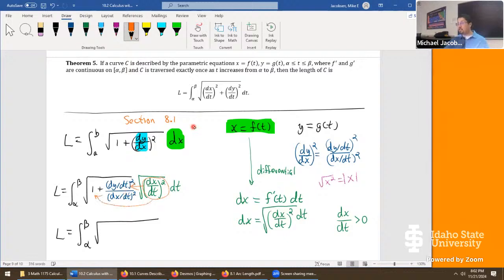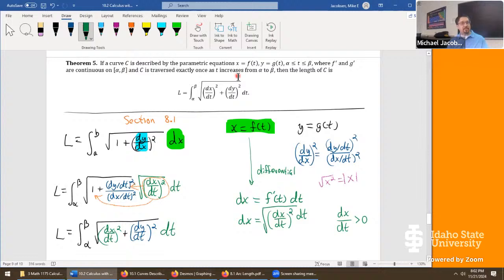And then it multiplies here, giving us (dx/dt) squared plus, the denominator is cleared over here, so just (dy/dt) squared, dt. So that's one way to derive the formula.